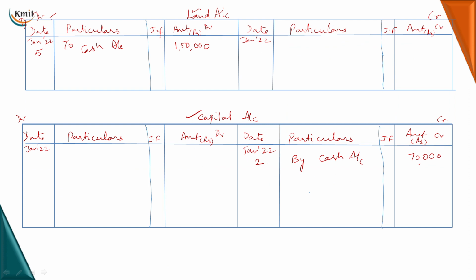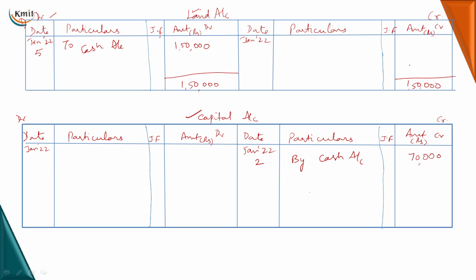We're coming to the next account. Now here, land account, we have one entry on the debit side. It is 1,50,000. So the same total we are going to put on the credit side, 1,50,000. There is no other item present on the credit side.